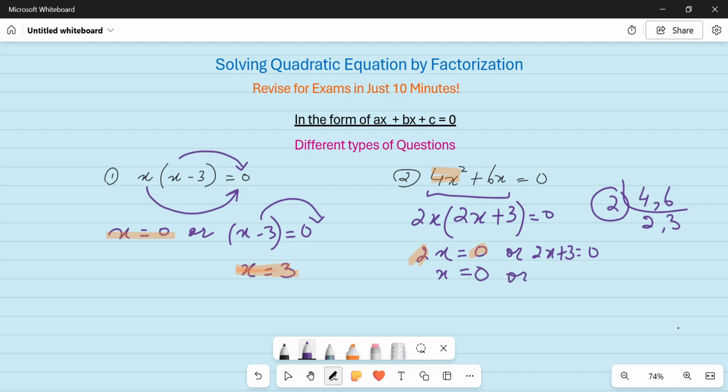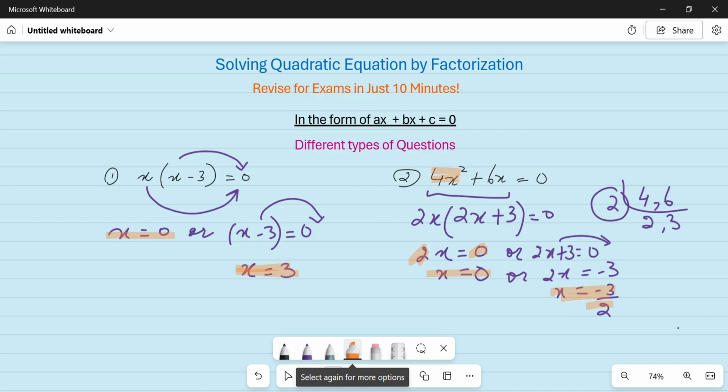Or 2x equals, this plus 3 shifts to the other side and gives you minus 3. x equals minus 3 over 2. Now we have found the two values, right? x equals 0 and the other one is x equals minus 3 over 2.